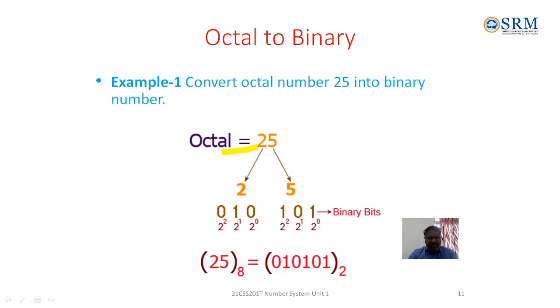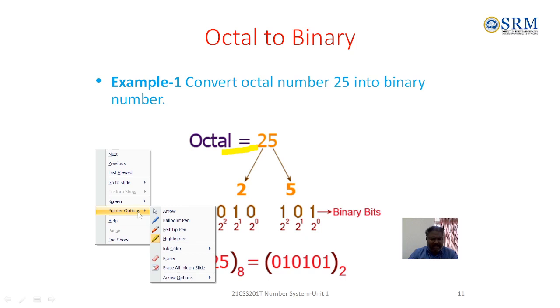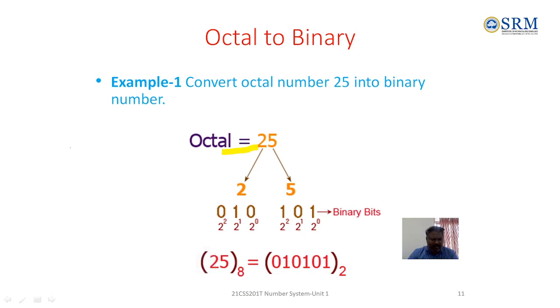The number 25 can be written like this. How are we going to write it? We already discussed that, so once again I write it here: 8, 4, 2, 1. So what is the number? 2.